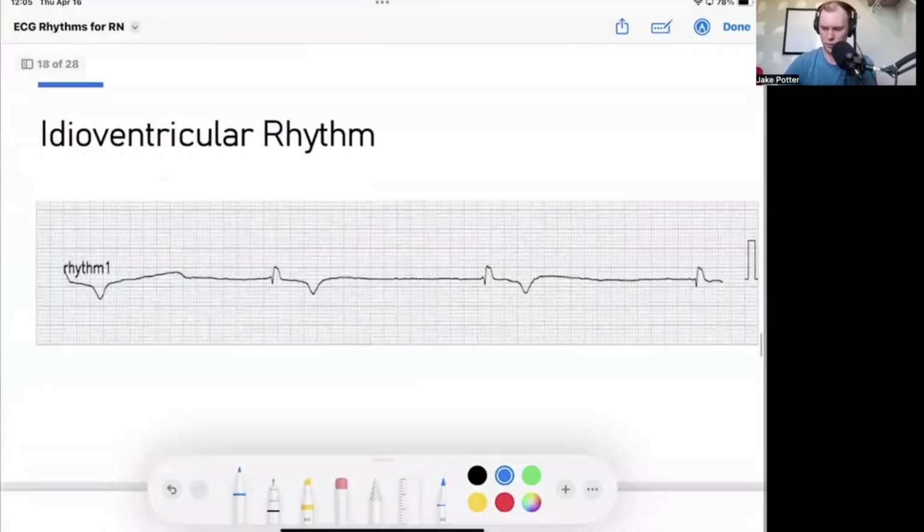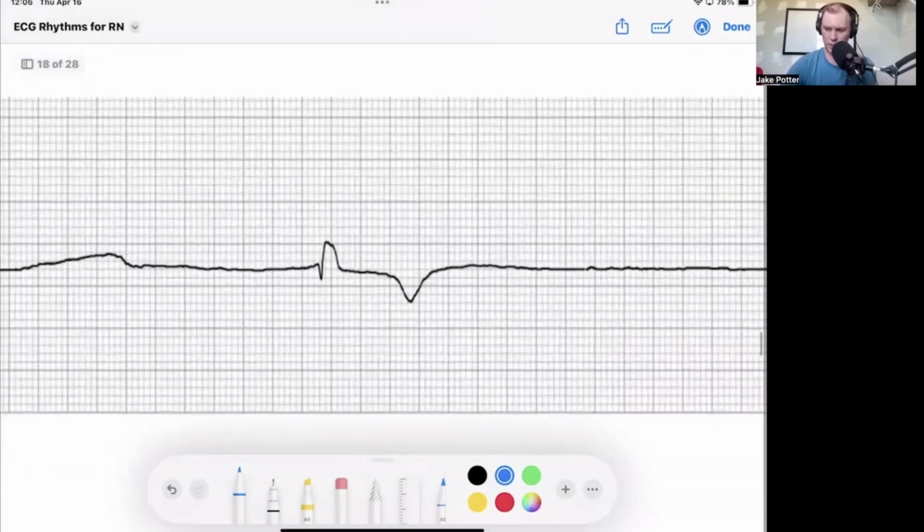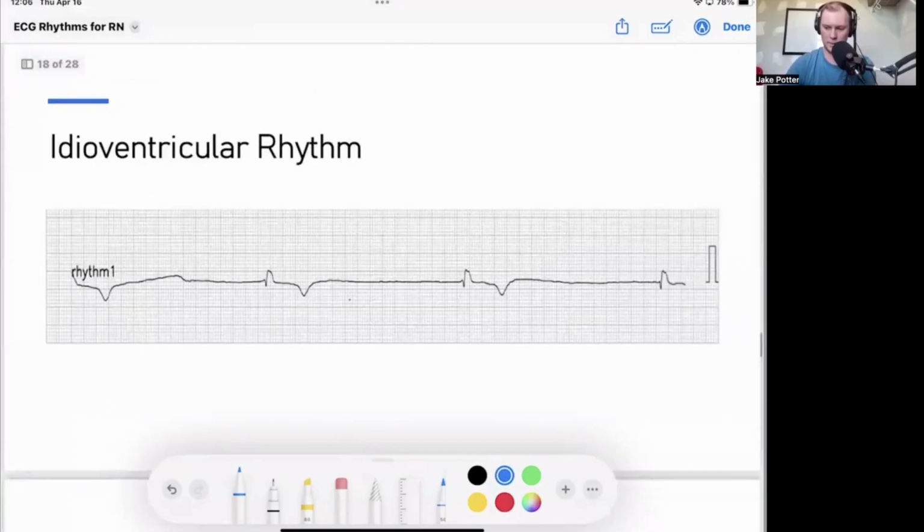Then you have your idioventricular rhythm. So this is essentially a ventricular rhythm. It's wide and at a really slow rate, like 20. And you see the QRS is nice and wide. This is really common in patients with severe hyperkalemia or patients who had a STEMI and just got cathed, and it's called a reperfusion rhythm.